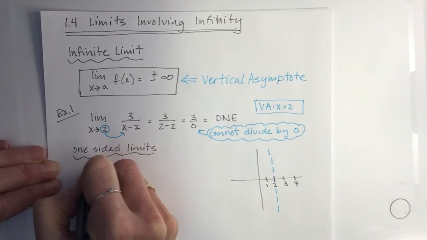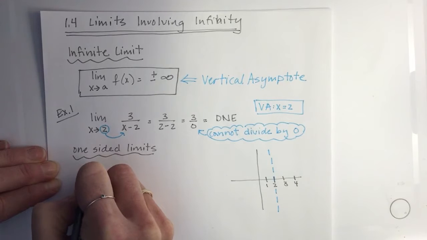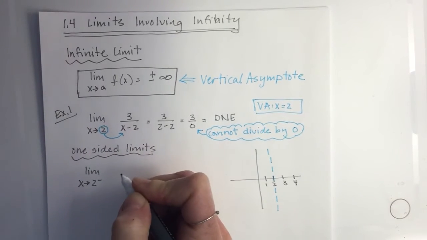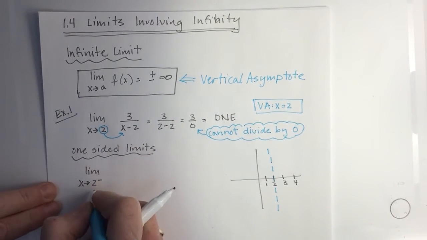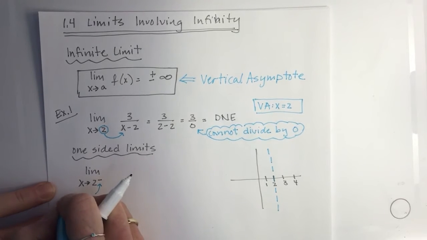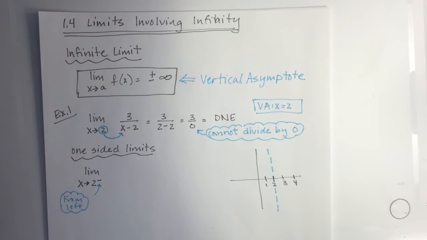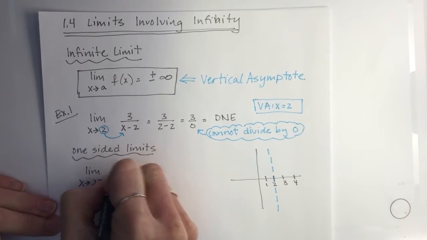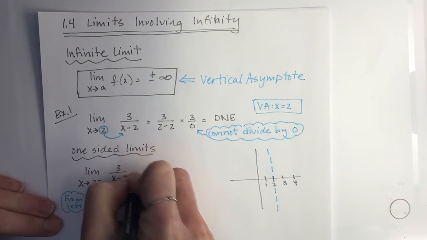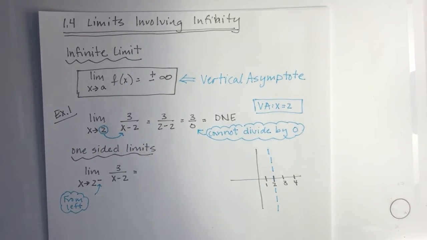So we're going to look at the limit as x approaches 2 from the left, right? From the left side of 3 over x minus 2. So now we think about this in terms of a number really close to 2, but not 2, right?